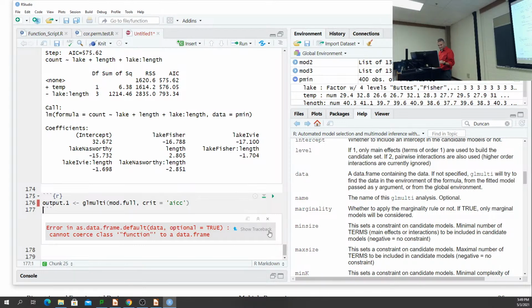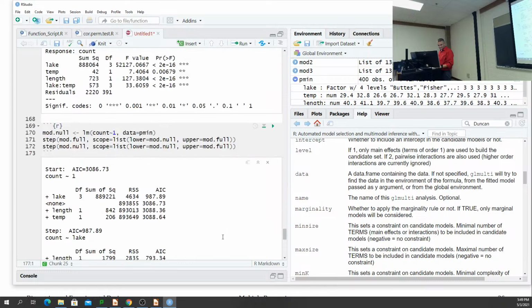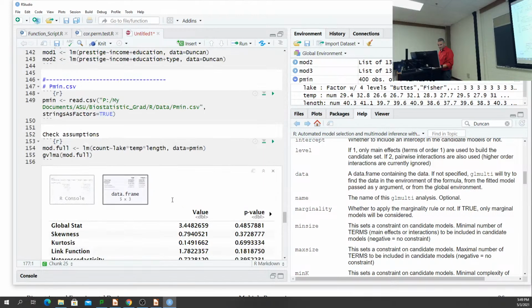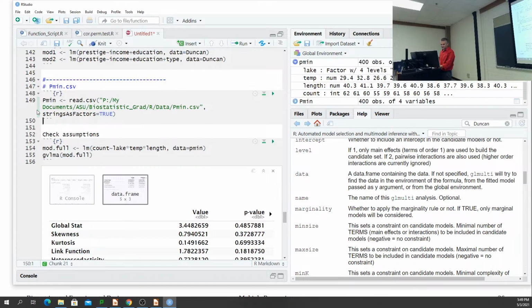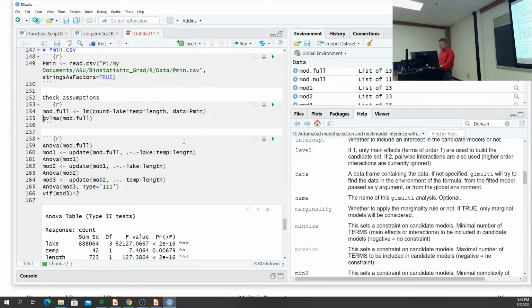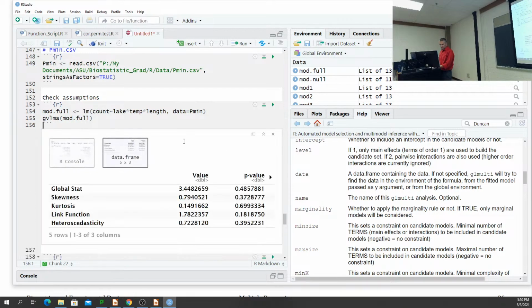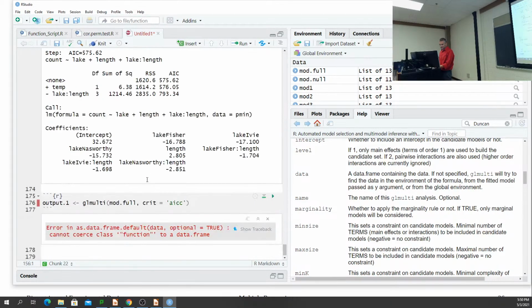Oh, I didn't run it on my notebook. Listen to this. Maybe it has an issue with pmin. It's capital. Make sure that works. Yep, that works.